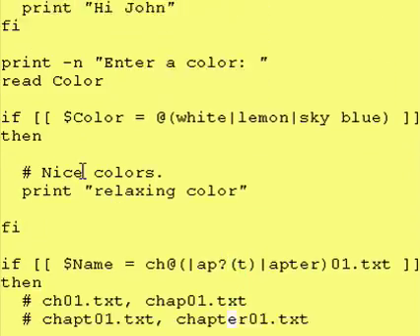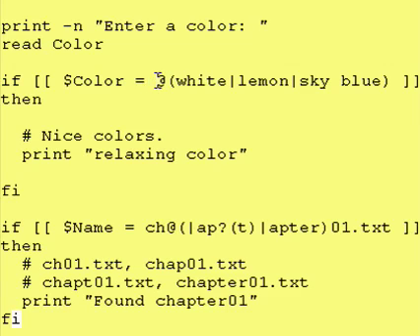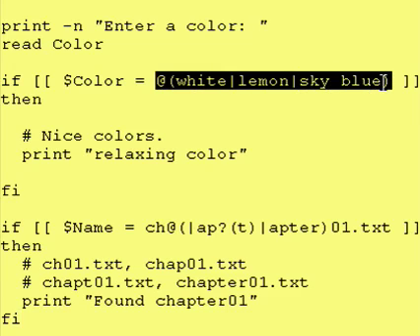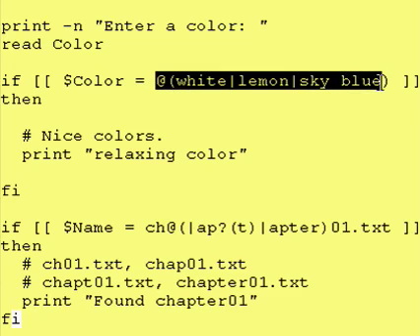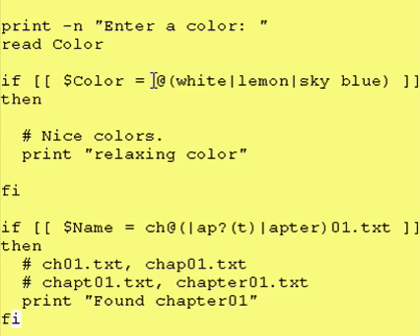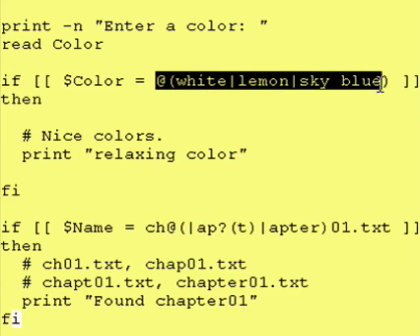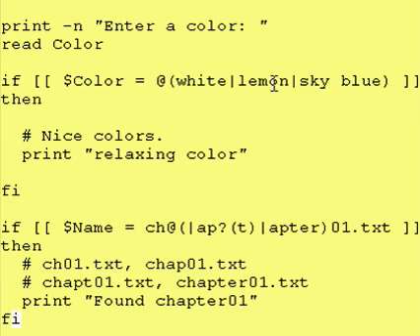And two things I wanted to show you with this next example is that you notice, first of all, that the @ sign in parentheses is the only thing that's in the search pattern, in the test pattern here. There's no string outside of the @ sign parentheses. So what that means is you have nothing at the beginning and nothing at the end, but you do have to have one of whatever is inside of the parentheses here. So our choices are white, lemon, or sky blue.